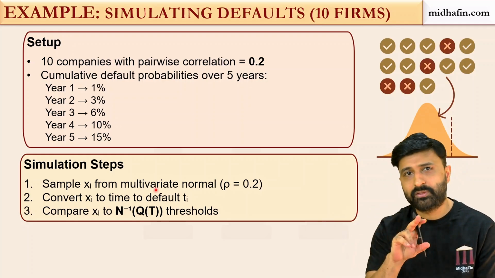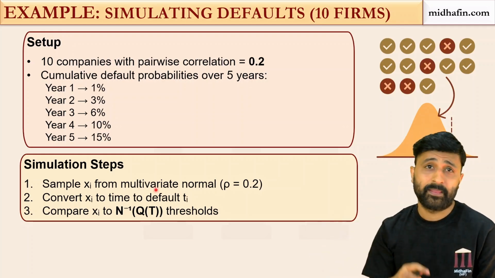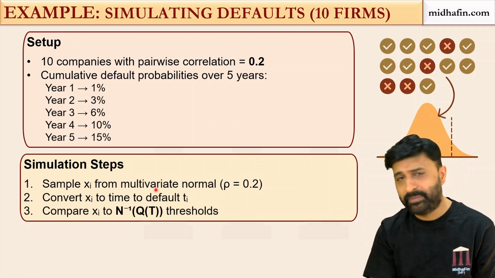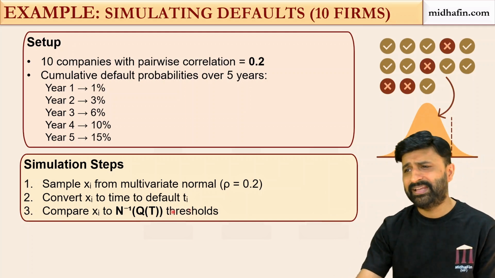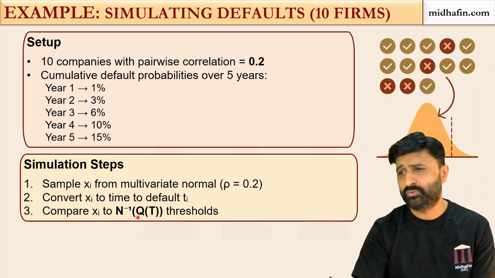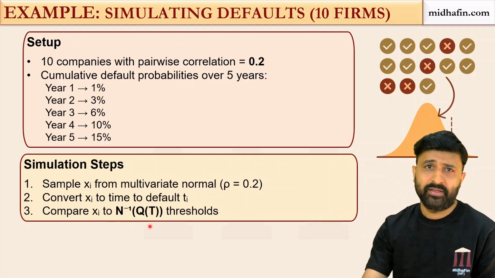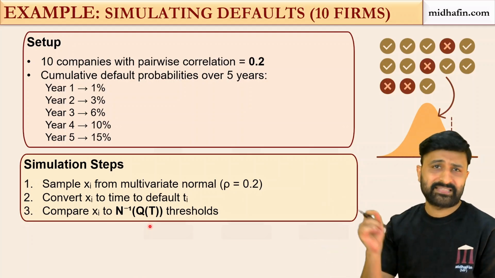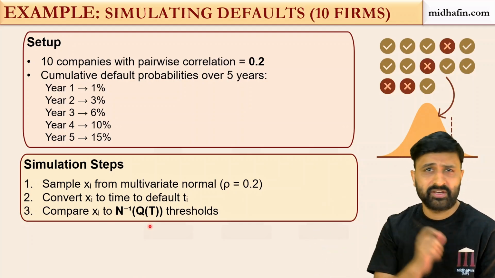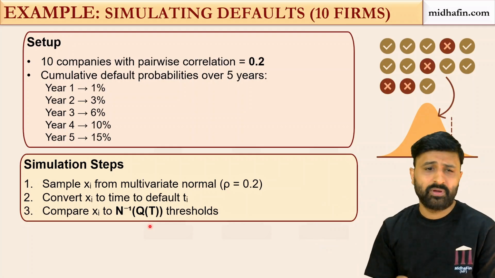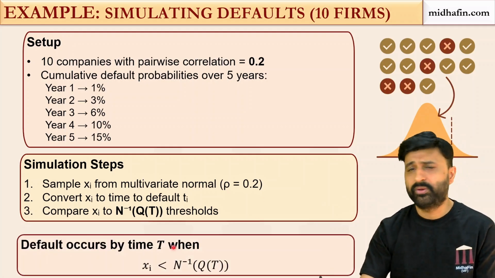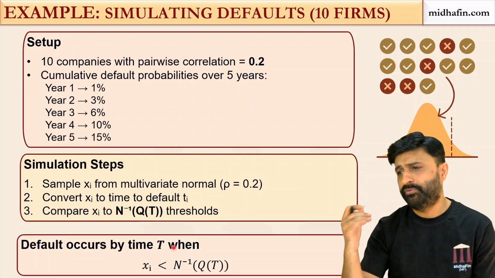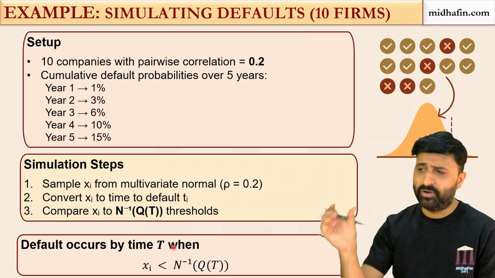Next, we convert those draws into default times by using the mapping that we built earlier. We compare these x_i's to N inverse of Q(t), and when x is less than N inverse Q(t), that is the threshold. So this process gives you a full picture of all the defaults across the companies.